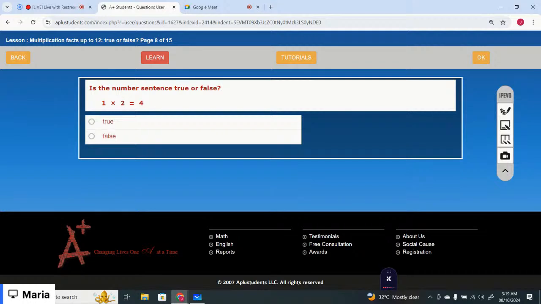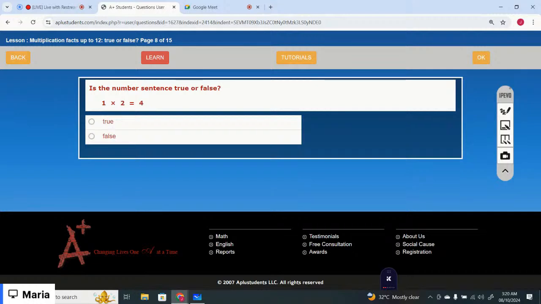Is the number sentence true or false? 1 times 2 equals 4. Very good. False it is.